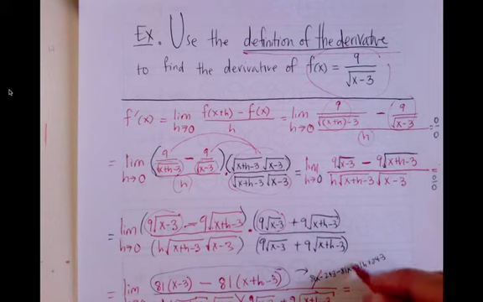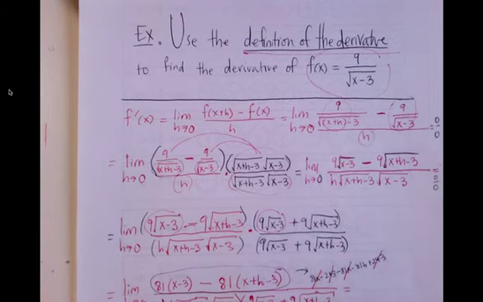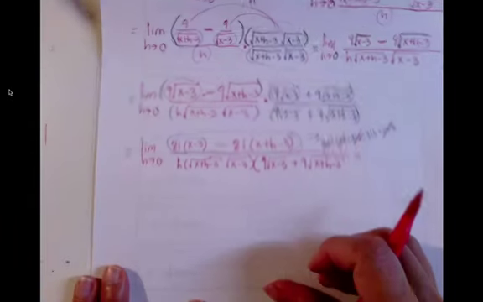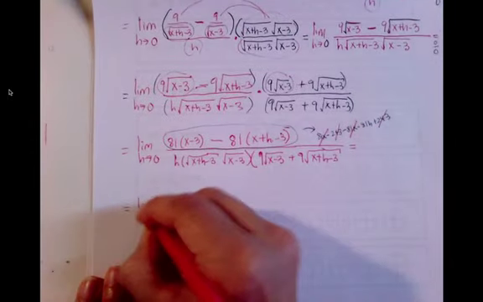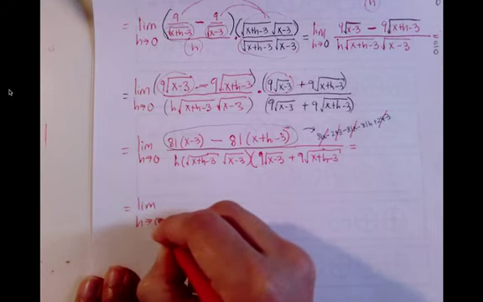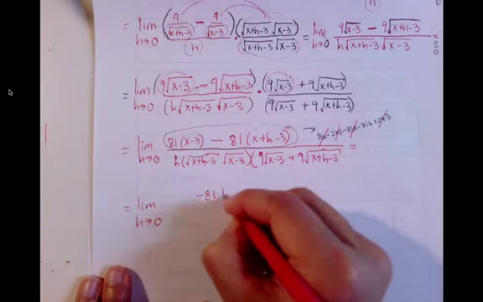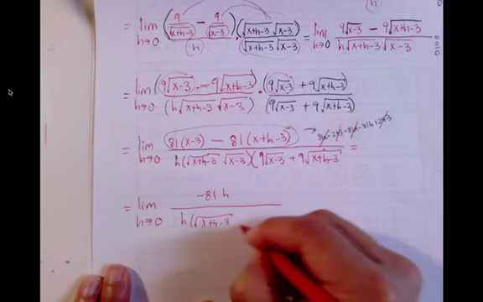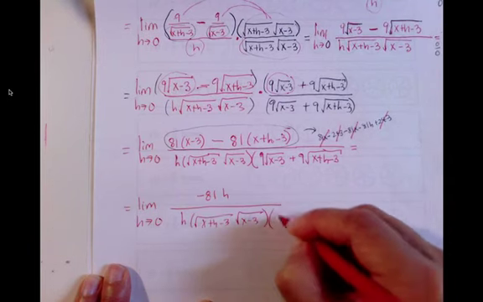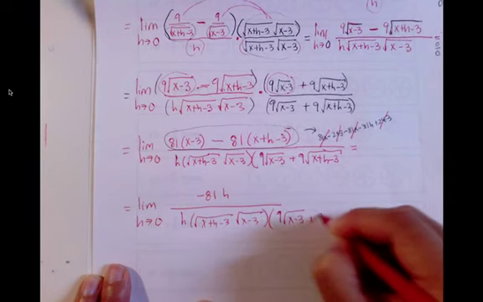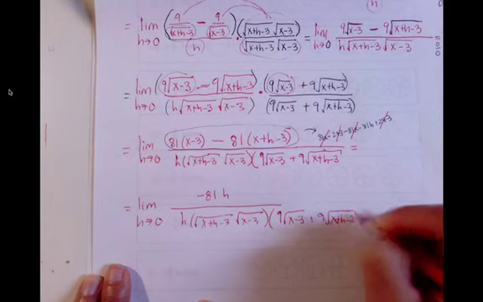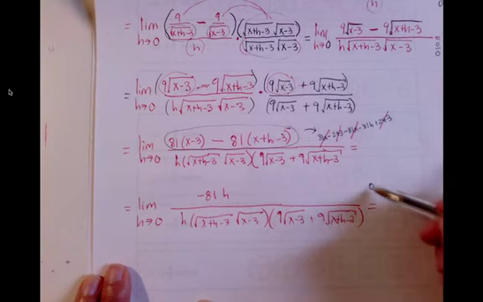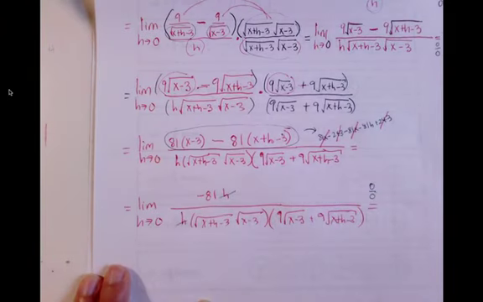And these terms are going to cancel, and I'll be left with the limit. Again, this is going to be 0 over 0, but I can factor. I've got the common factor of h there.